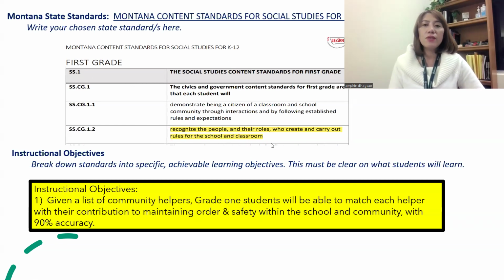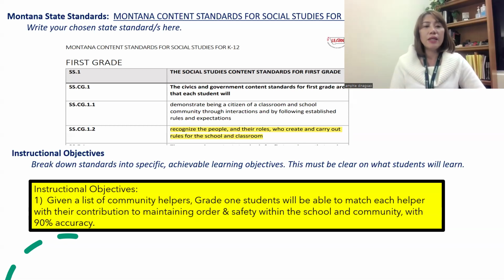So you would see that there are several people who have roles that they play in the school and in the classroom. And as part of a team of grade 1 teachers, you may also include people in the community who are called community helpers. So you can also make it part there.